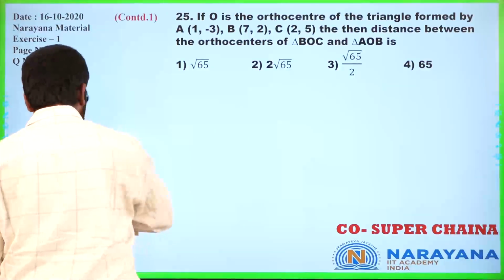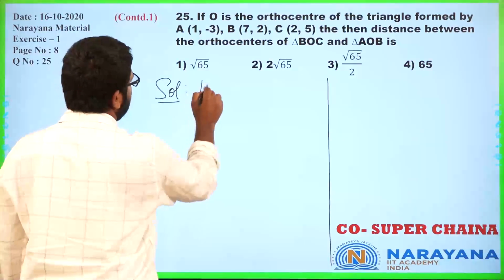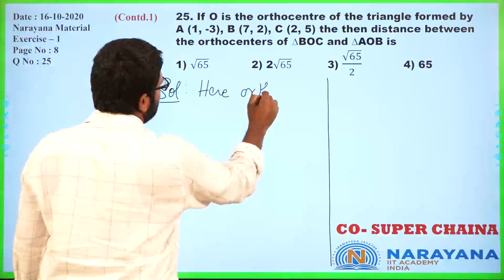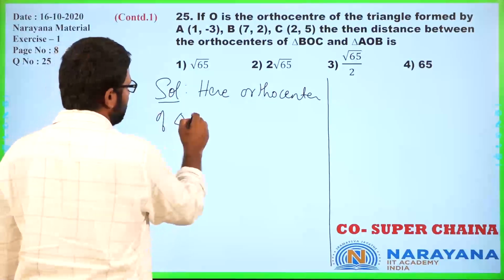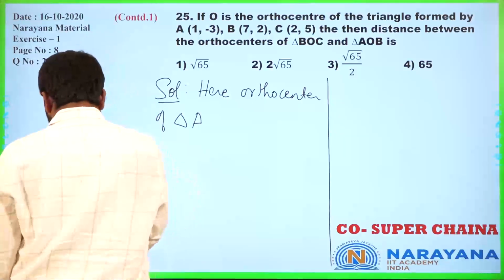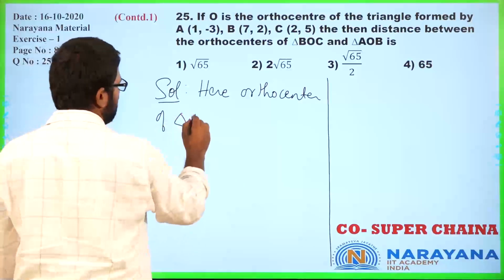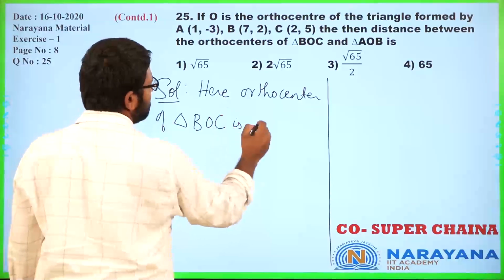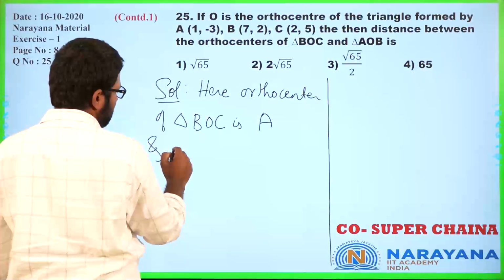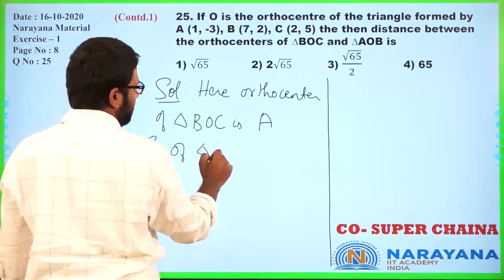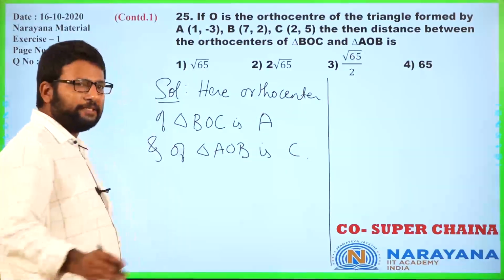So here the orthocenter of triangle, not ABC, triangle BOC is A, and they are asking for triangle AOB, the orthocenter of triangle AOB is the third vertex C. Just a third vertex.